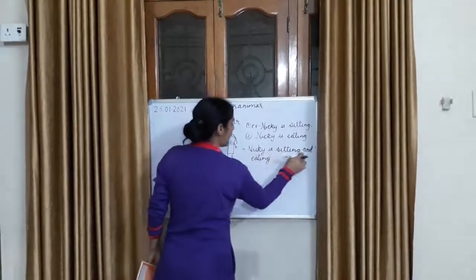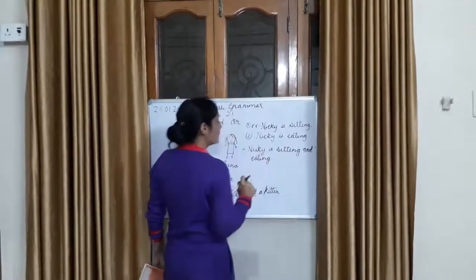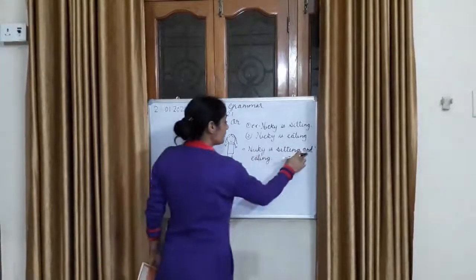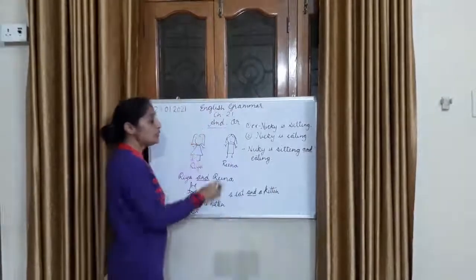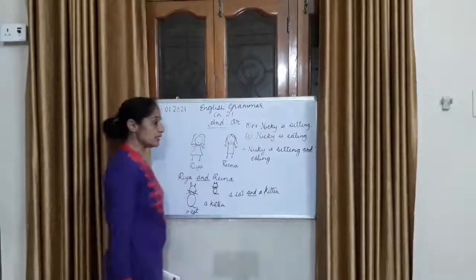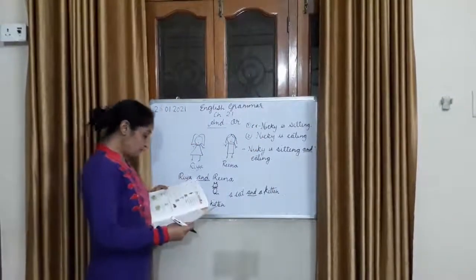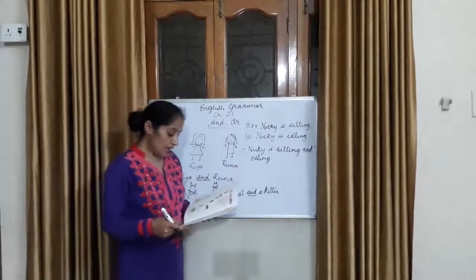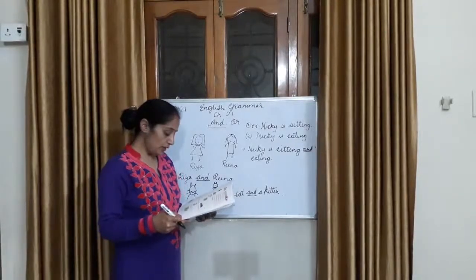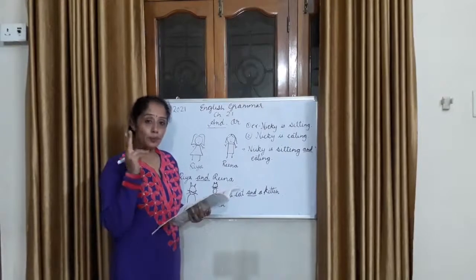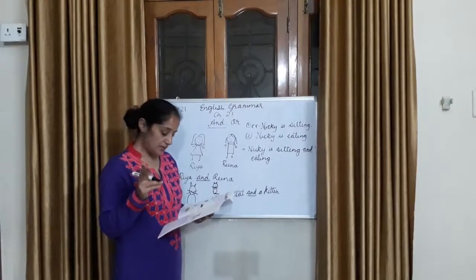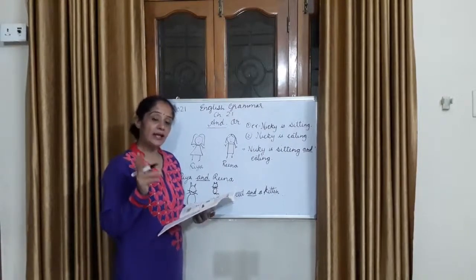Nikki is sitting and eating. That's all. So children, here the word and is used to join two sentences. And is used to join the names of two people, places, things and animals.